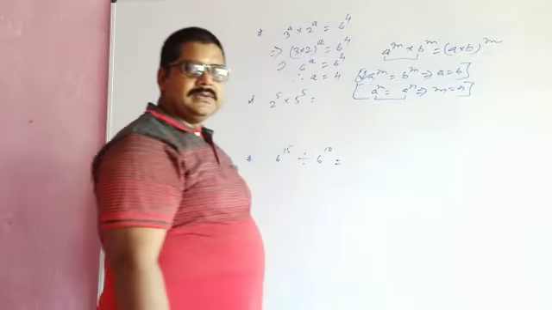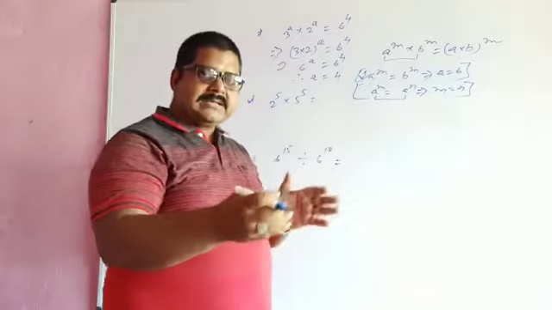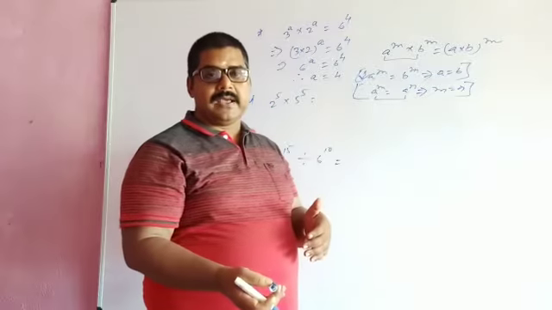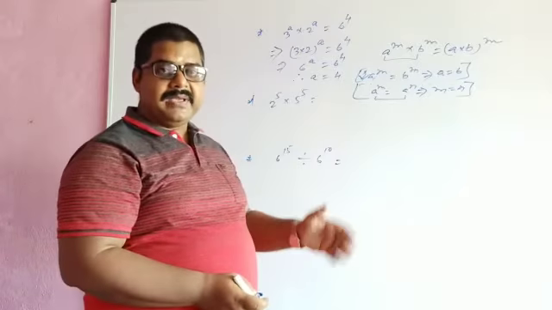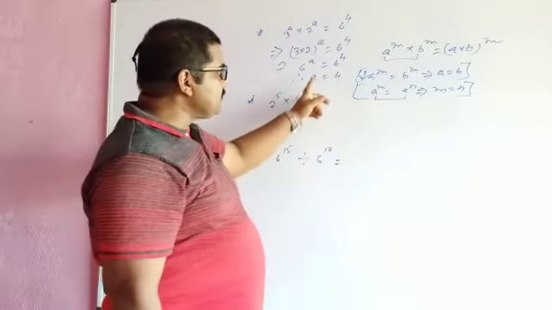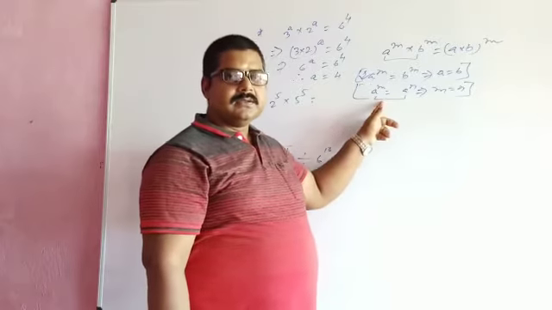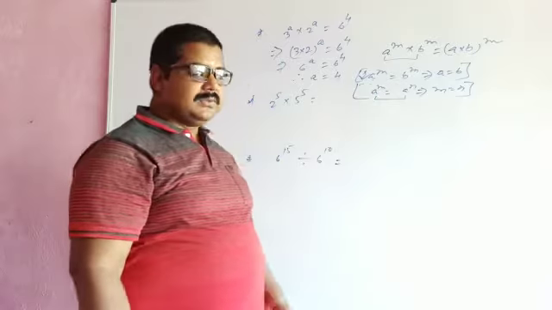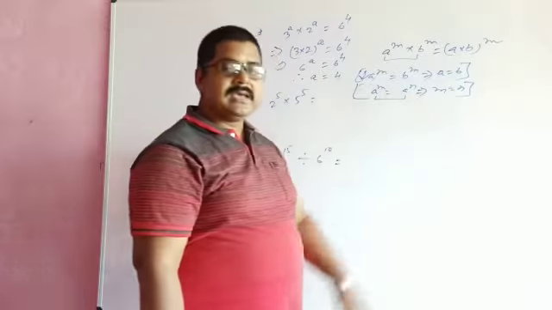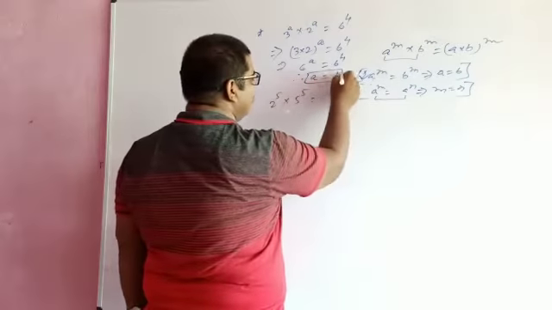And the second case is when powers are same and bases are different. In this question, you have to apply the first one: bases are same and powers are different, then the powers must be equal. So a is equal to 4.